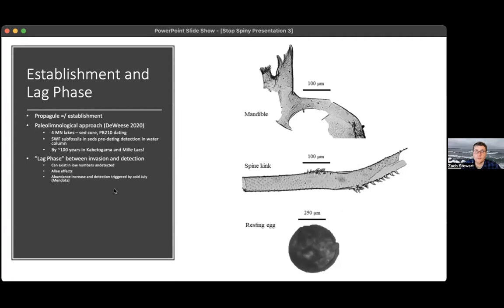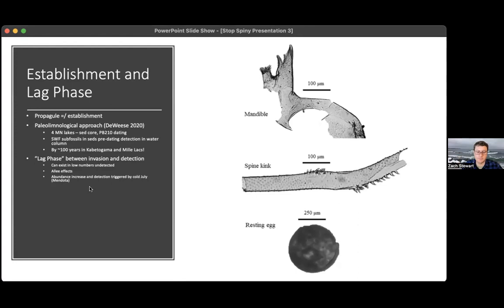So what does this mean? Well, the suggestion of these findings is basically that there can be a big lag phase between when the spiny water fleas first arrive, their invasion, and then their subsequent detection, the first time that an AIS person monitors them and finds them in a plankton net, or the first time an angler finds one stuck to a fishing line and reports it.